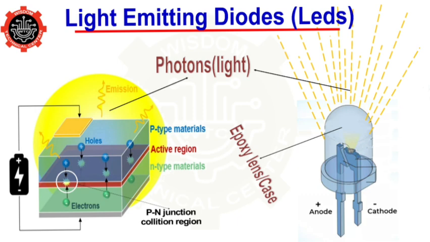This epoxy is a material, some resin, used to mold this case to protect the semiconductor material that produces the light we see, giving out that energy as photons, the visible wavelength, which is the light we can see.